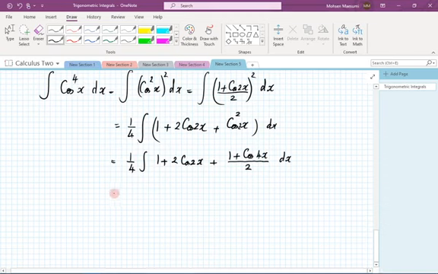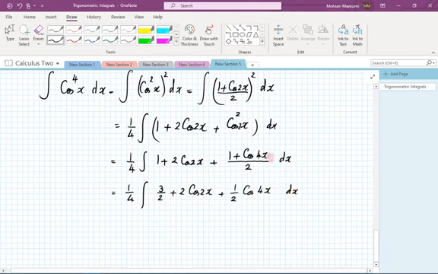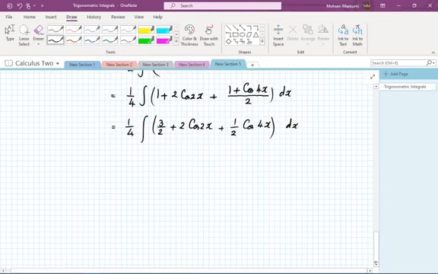Let's clean up. I have 1/4, and 1 plus 1/2 I can write as 3/2. Then 2 cosine of 2x, and 1/2 of cosine of 4x, then dx, all in the parentheses. Now if you want to make it look nice, maybe you want to separate it or take a common denominator.